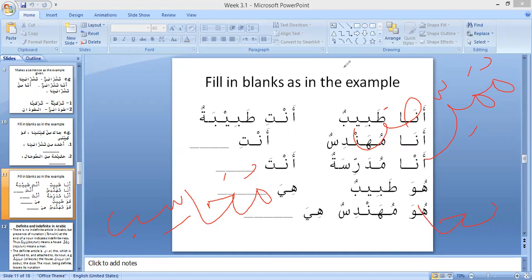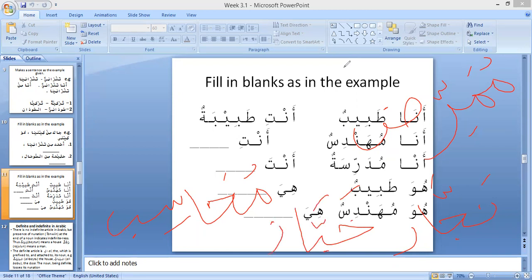That's a carpenter. A female would be what? Najara. That's right. So Najjar, you say Najjara. خباز, خبازة. خباز is a baker.